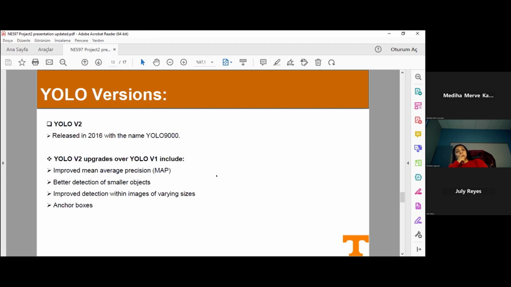YOLO V2 was released in 2016 with the name YOLO 9000. YOLO V2 used Darknet-19, a 19-layer network with 11 more layers charged with object detection. YOLO V2 is designed to take on Faster RCNN and SSD, which showed better object detection scores.